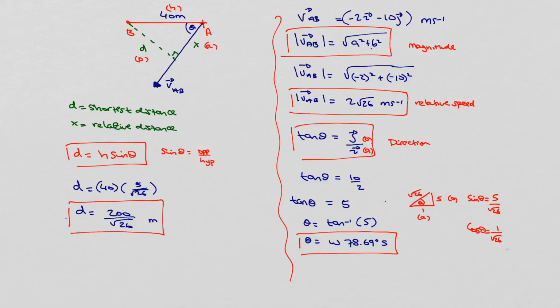What we need to know is, at what time are they nearest to each other? To find that out, we need the relative distance and the relative speed. We've already worked out our relative speed over here on the right-hand side. It's 2 root 26. So to get the relative distance, we can see that it's going to be our adjacent and our hypotenuse. So the relative distance, x, is equal to h cos theta, because of course cos theta is your adjacent over your hypotenuse.